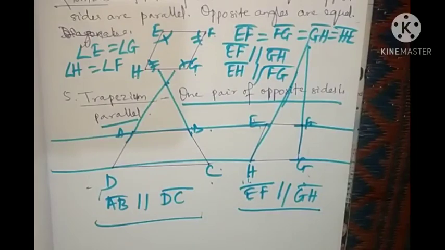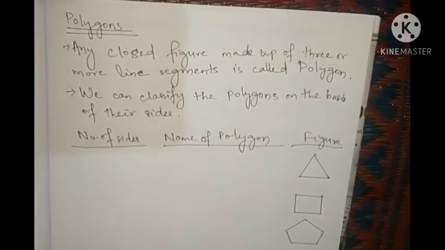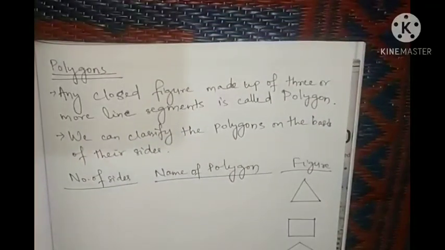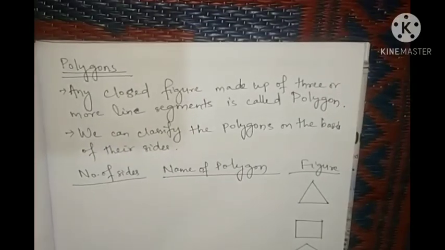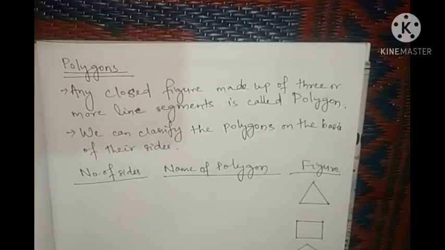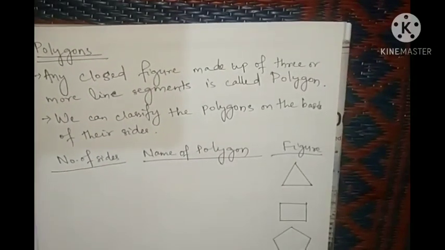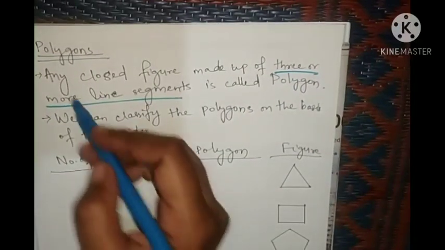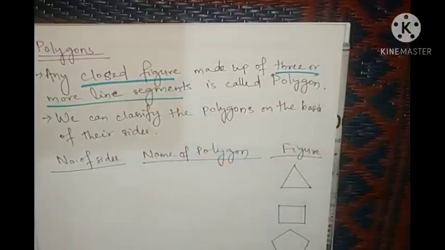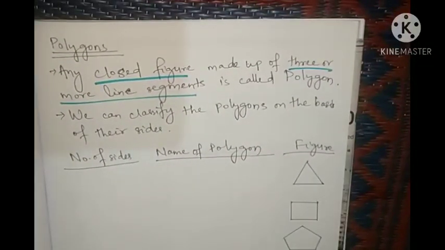Okay. Next, we'll see polygon. We know that a polygon is any closed figure made of 3 or more line segments. So a polygon should be a closed figure surrounded by 3 or more line segments.